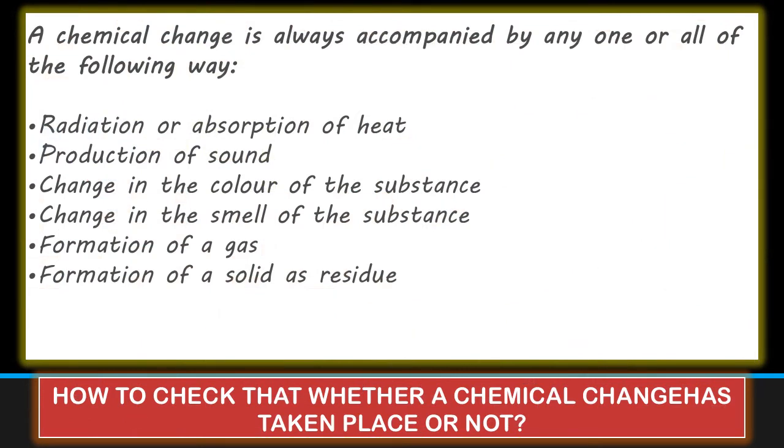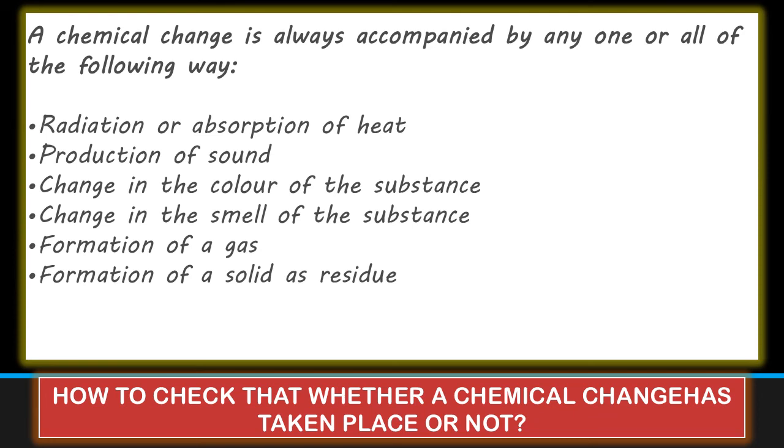A chemical change is always accompanied by any one or all of the following. Radiation or absorption of heat. What does this exactly mean? Whenever a chemical change is taking place, there are possibilities that these changes may appear. On the basis of your observation of these changes, you can say whether a chemical change has taken place or not.